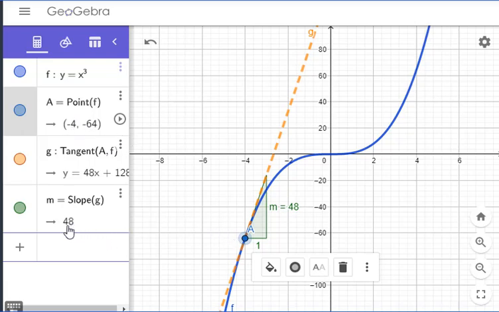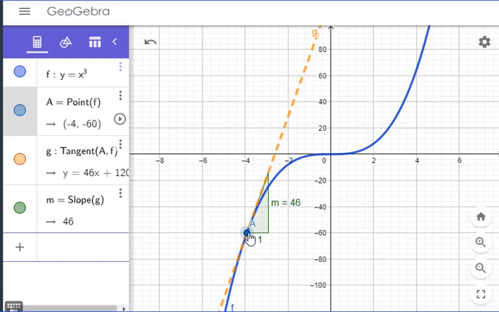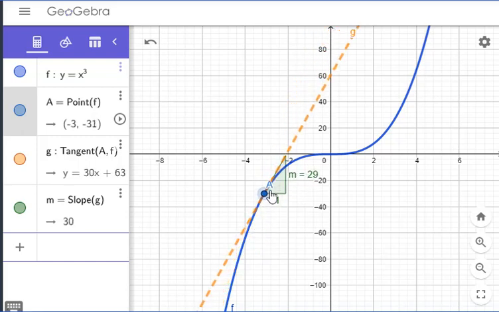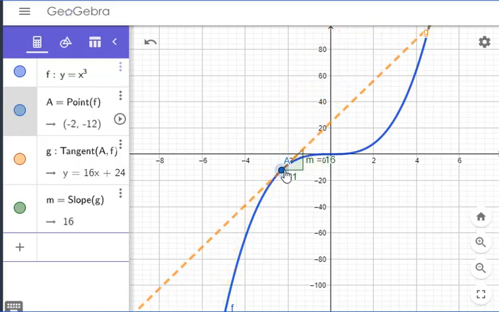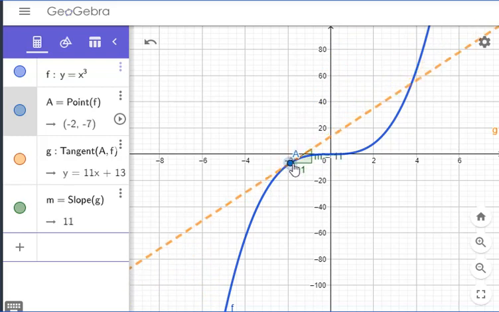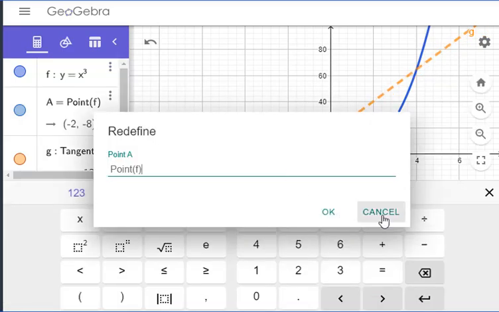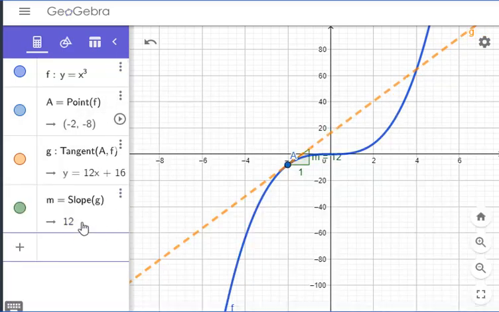Then you could see the slope of a tangent line equals 48. Now we look for when x equals -2. And the slope of tangent line equals 12.